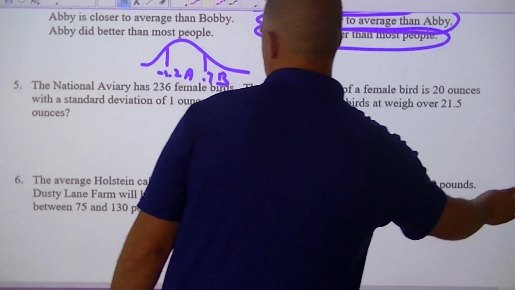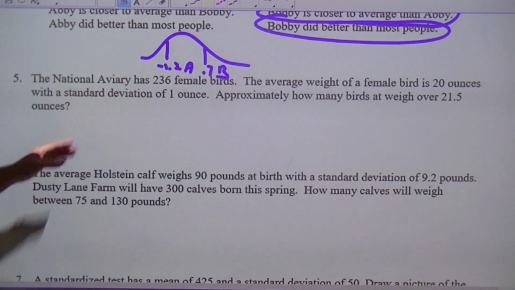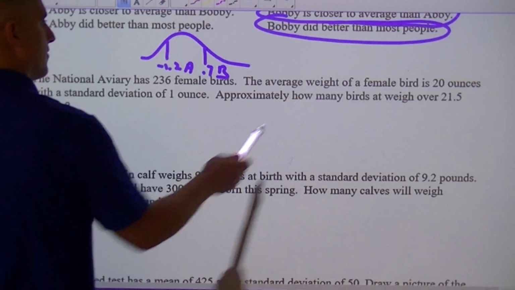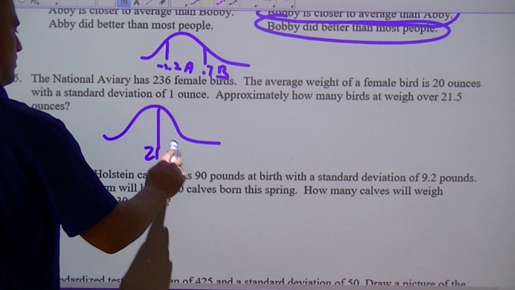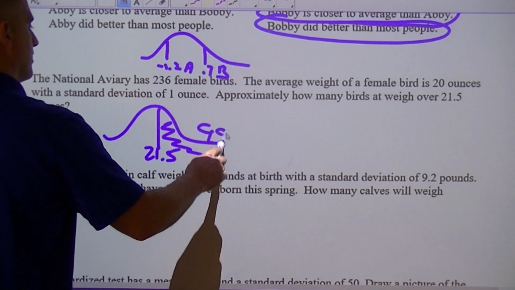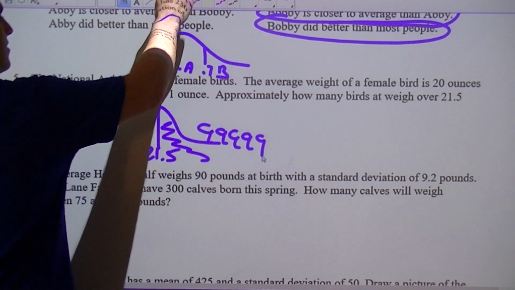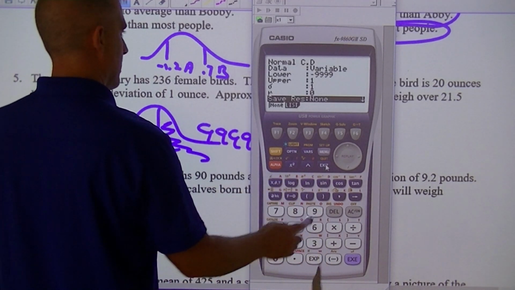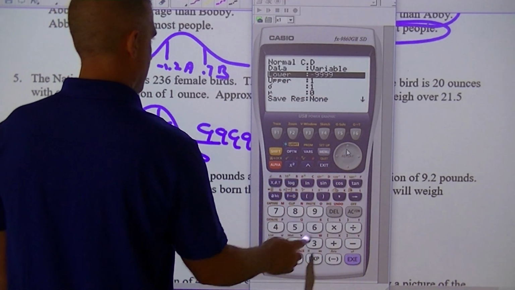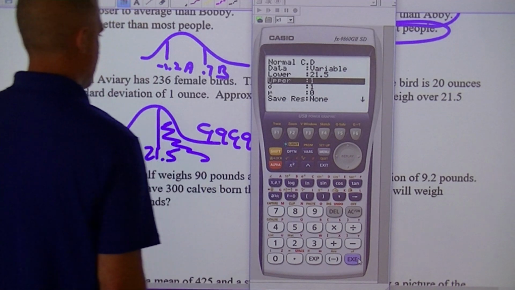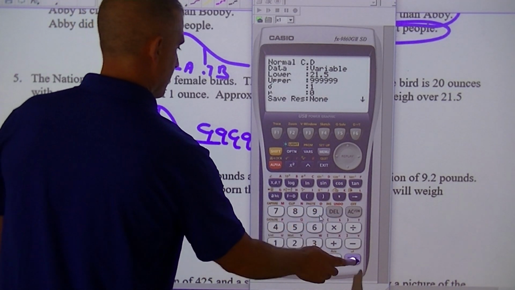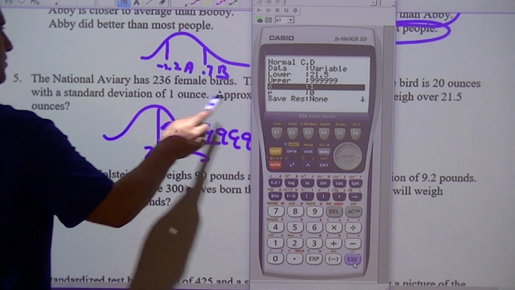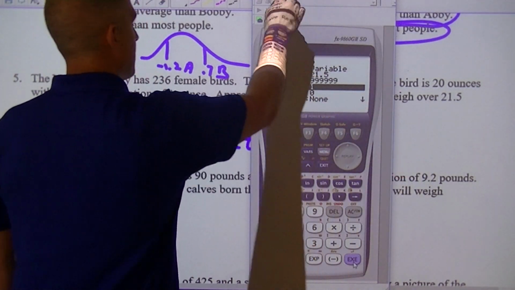Okay, now we're going to move into some of these other word problems. Okay, the average weight is 20 ounces with a standard deviation of 1 ounce. How many weigh over 21.5? So over would be this way. So I'd have to put the 9s over here. 21.5, the 9s. Standard deviation is 1, and the mean, I think, is 20.